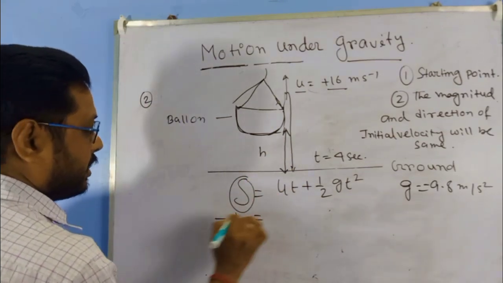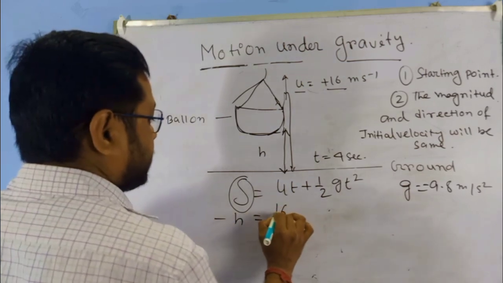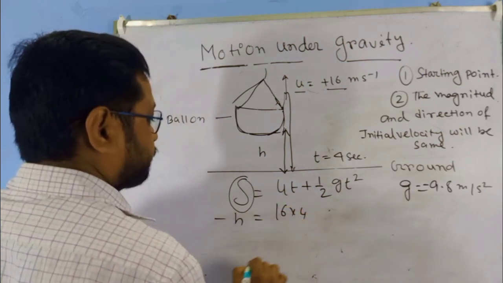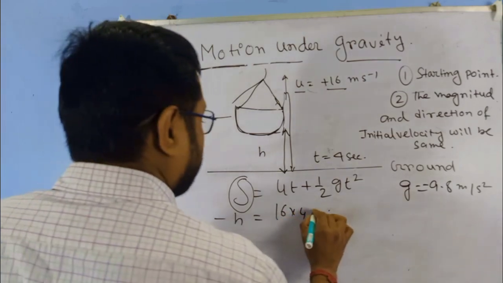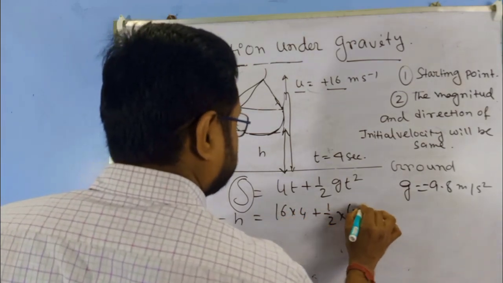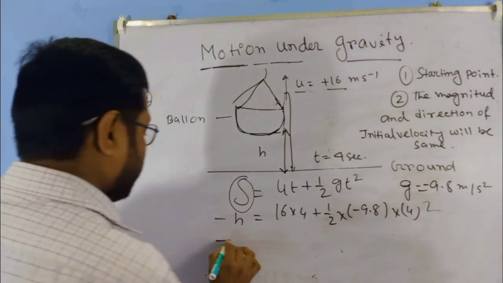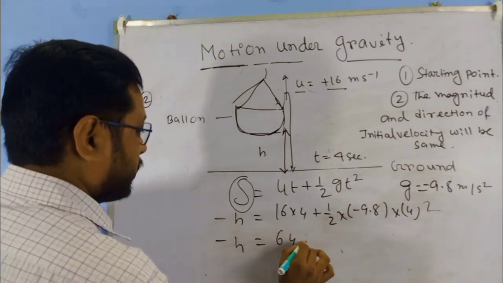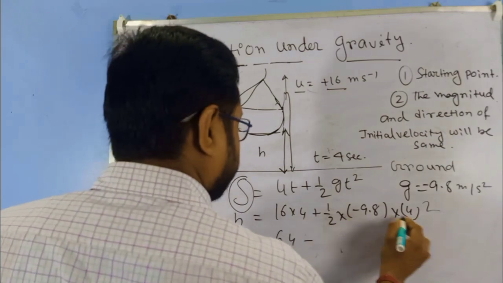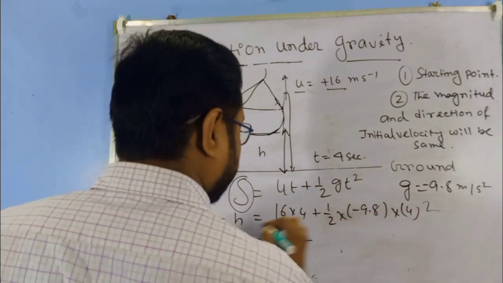So minus h equal to ut, that is 16 into 4, plus half into minus 9.8 into 4 square. So minus h is equal to 64 minus 16 into 9.8 by 2.